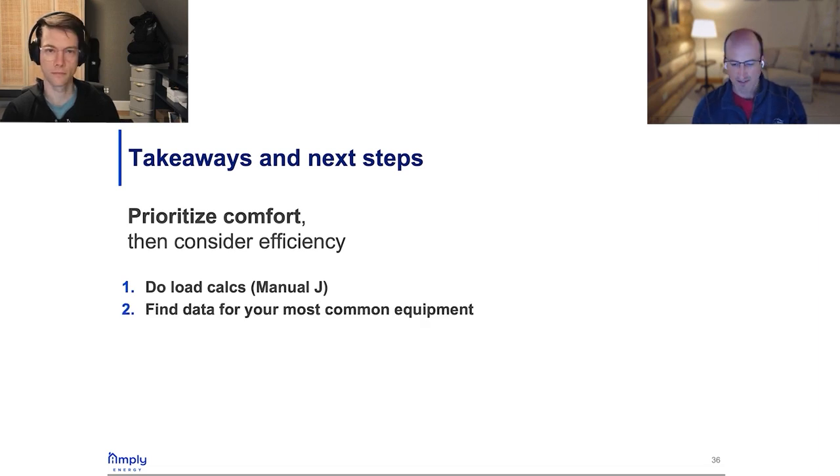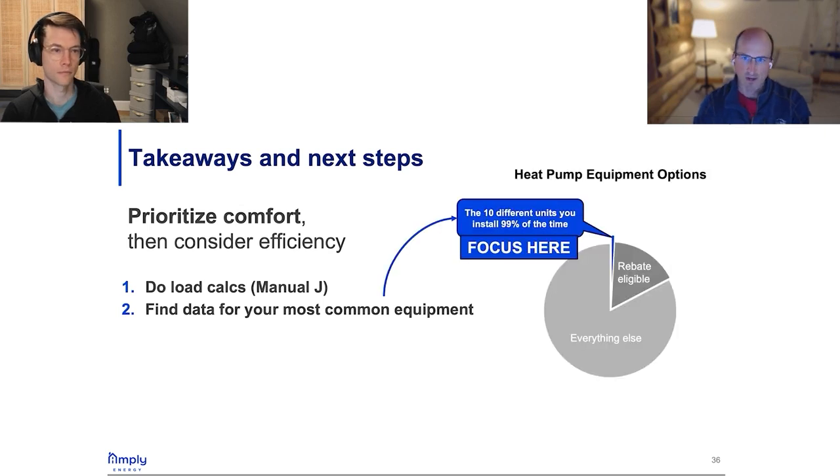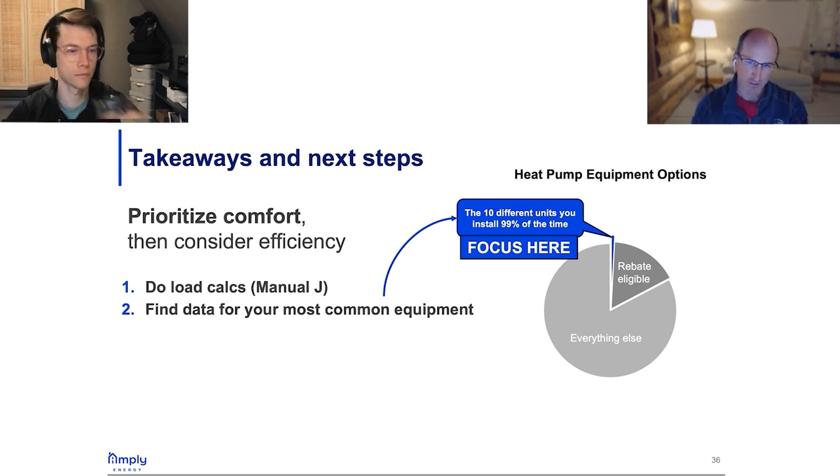And this stuff feels a bit overwhelming if you've never done it before. Most installers, most contractors, you're probably putting in maybe 10 different pieces of equipment, like 99% of the time. It's an even smaller number if you're mostly doing ductless. So just pull the data for the 10 or so pieces of equipment and save it in our little spreadsheet, so you just always have it handy.